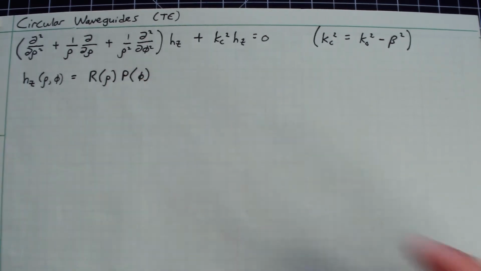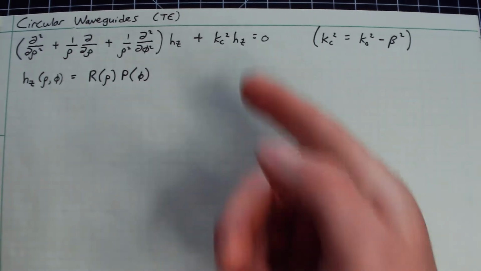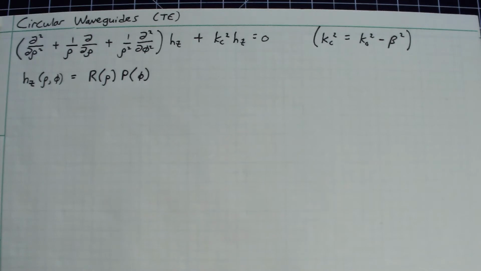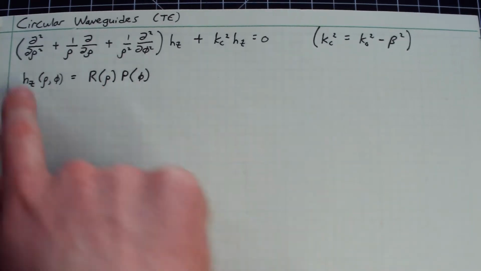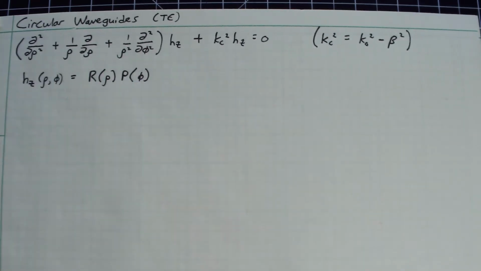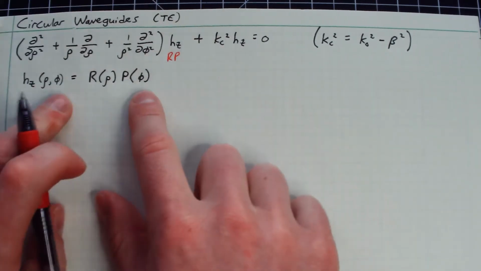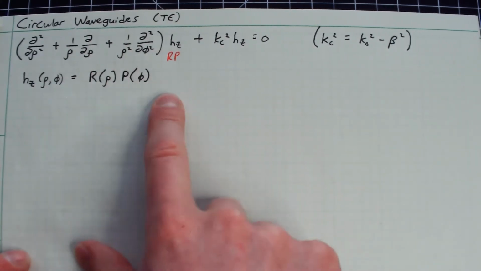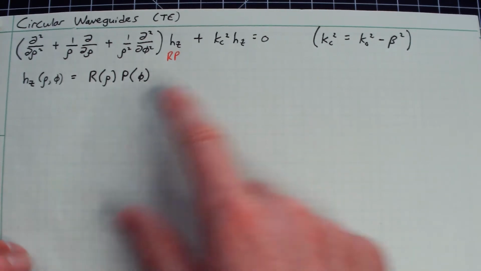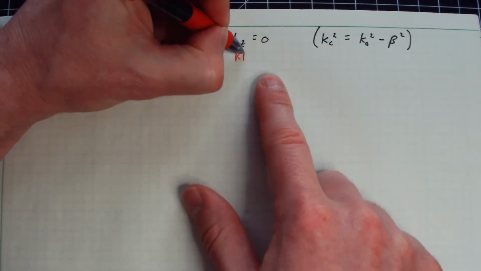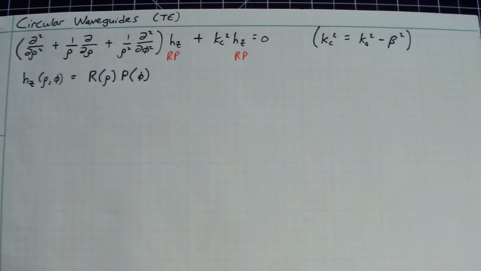This is separation of variables at work, also known as a separable solution to my partial differential equation. So I'm going to simply substitute that in. Everywhere you see an Hz, you just put an RP, and we don't necessarily have to explicitly write out these dependencies. We can remember these are functions.